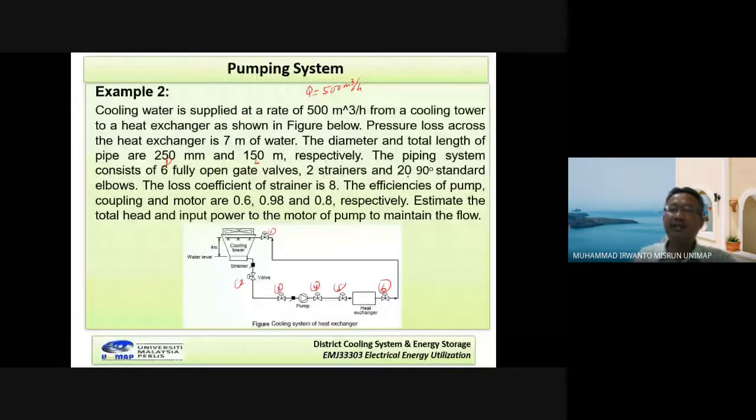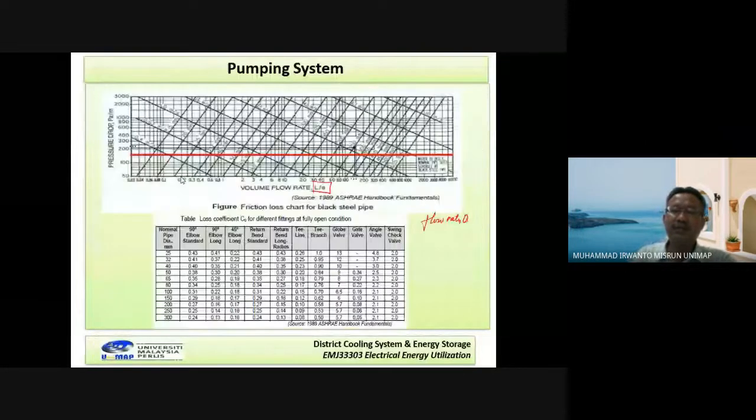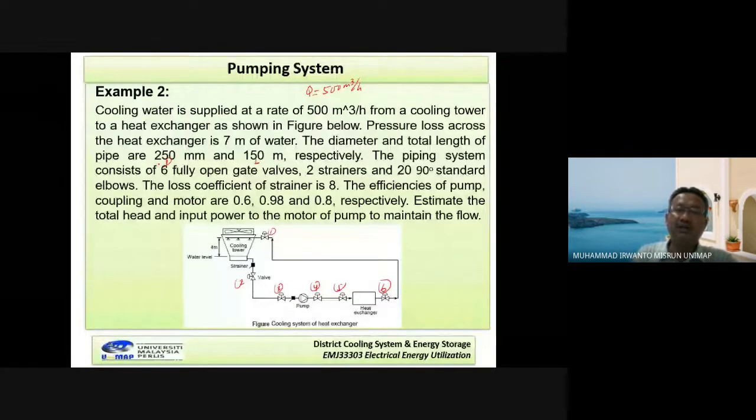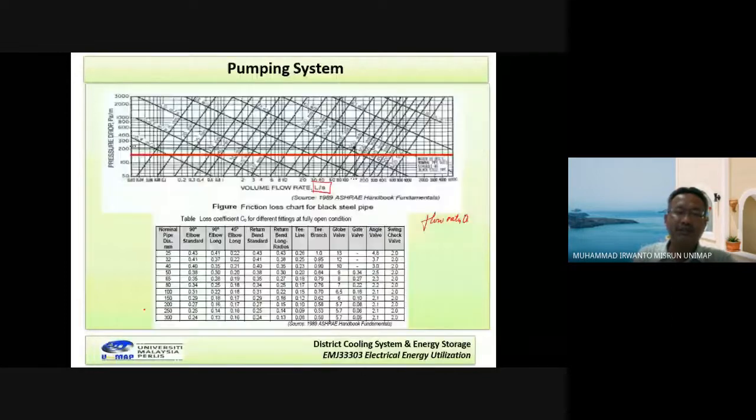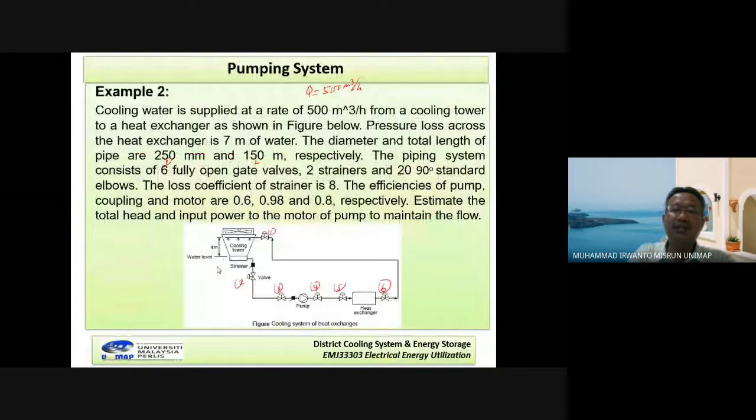And 90 degree standard elbows. We have the standard elbows, 20 of them. So when we refer to this table, for example, the diameter is 250 millimeter. So 250, which one is it? This row. And then the type of the elbow is 90 degree standard elbow.